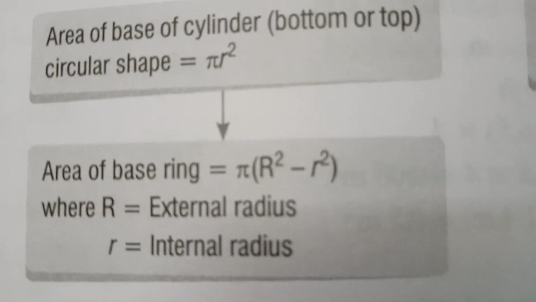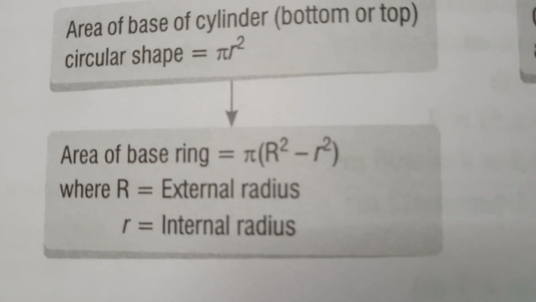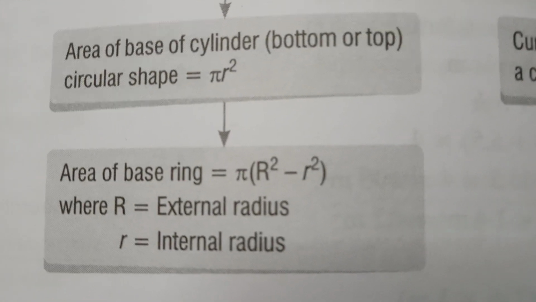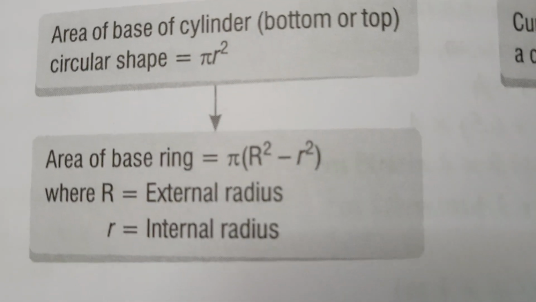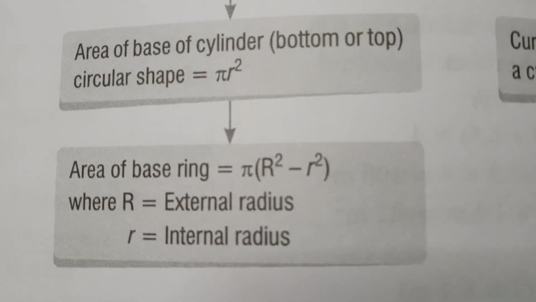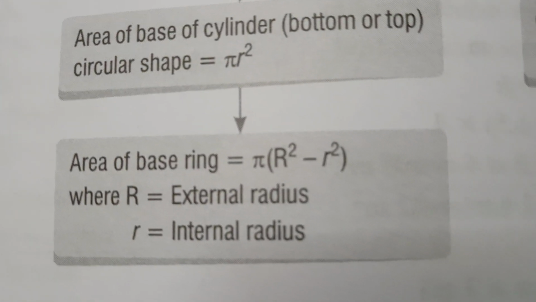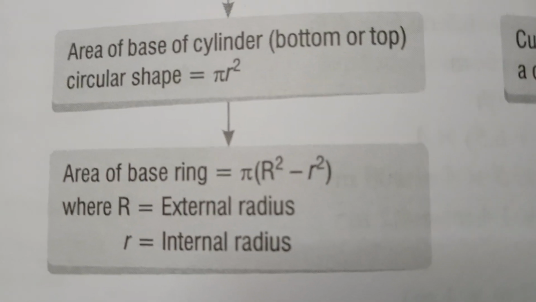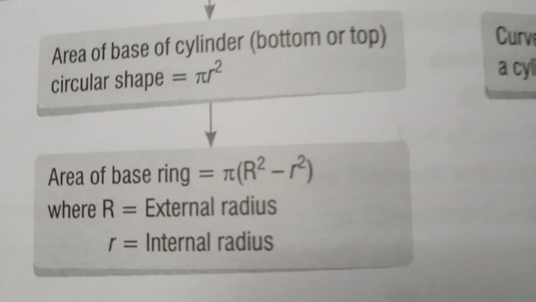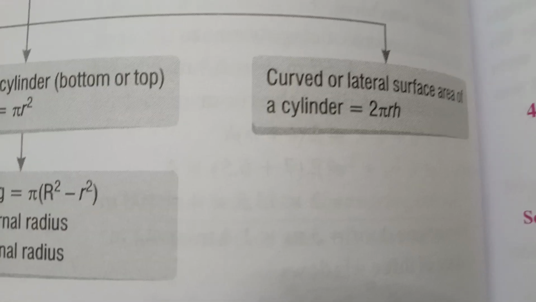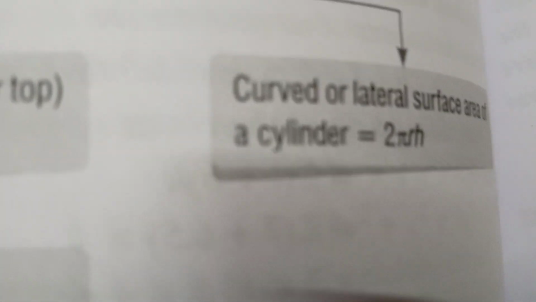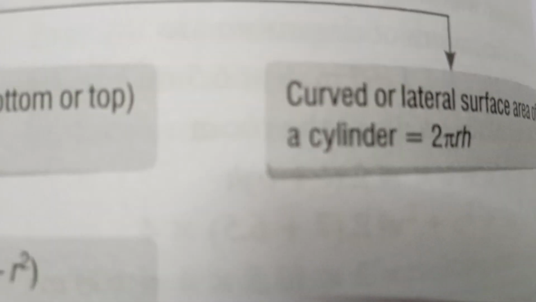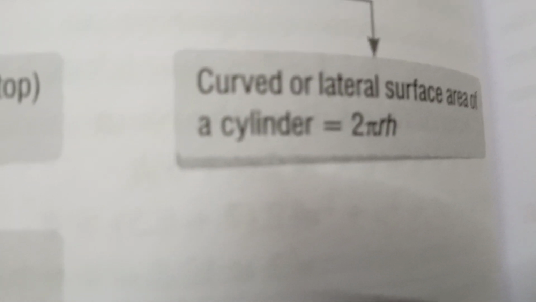The area of the base ring, where thickness comes into play with two circles, is the area of the outer minus the area of the inner, pi capital R square minus small r square, where capital R is the external radius and small r is the internal radius. And one more, the curved surface area or lateral surface area of the cylinder, is 2 pi r h, measured in square units.